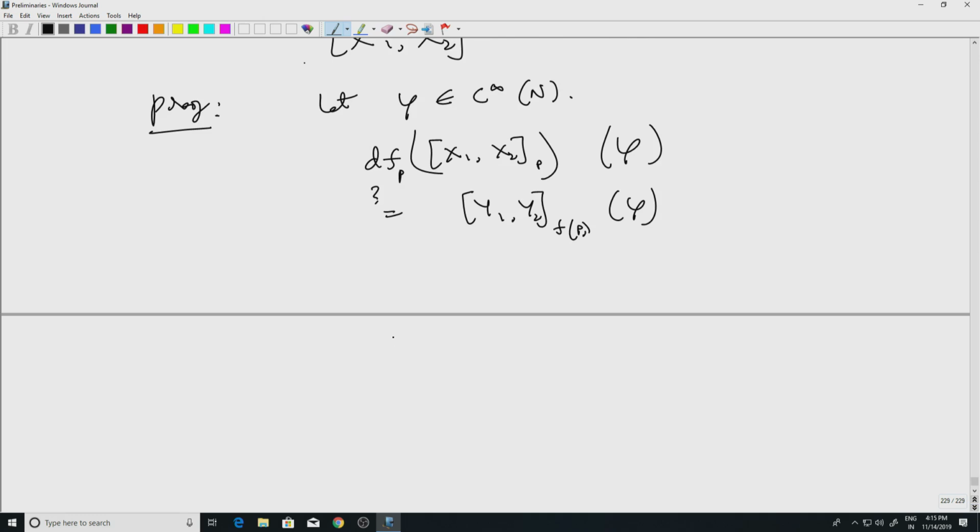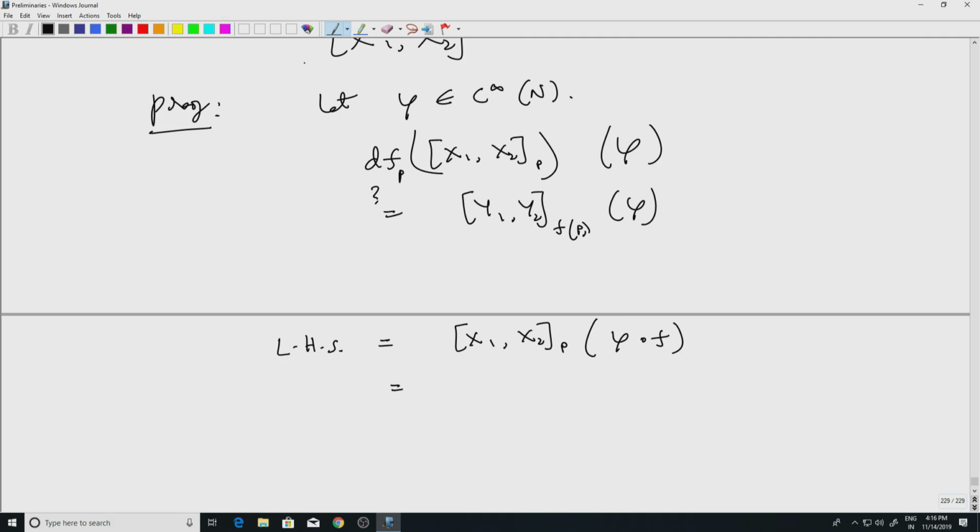Now the left hand side is equal to, by definition of the differential of a smooth map, the bracket of x1, x2 at P acting on phi composed with f.